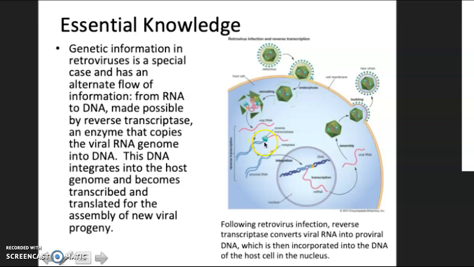And then that DNA gets integrated into the host cell DNA, and then the virus can use the host cell to make more pieces of the virus using its DNA, and then essentially release those viruses into the body to infect new cells. Very interesting process, but we don't have a ton of time to get into the ins and outs of it. I don't expect that to be on the exam, but I just wanted to mention it in case.